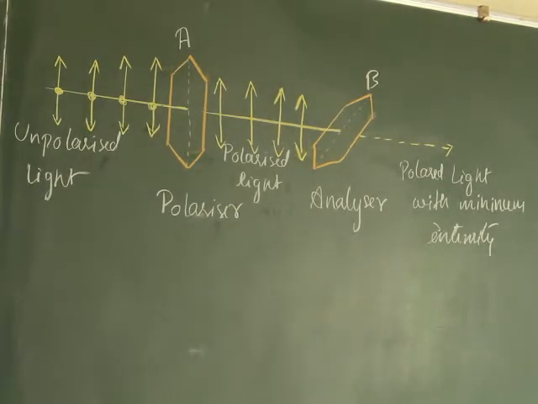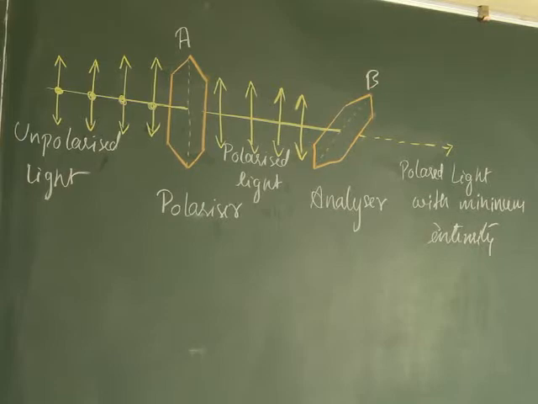If it is kept exactly horizontal, of course, we can say it is zero, but it is not tilted 100%. Slightly it is tilted, so intensity is less. So polarized light with minimum intensity, that is the final observation we can make. Okay.